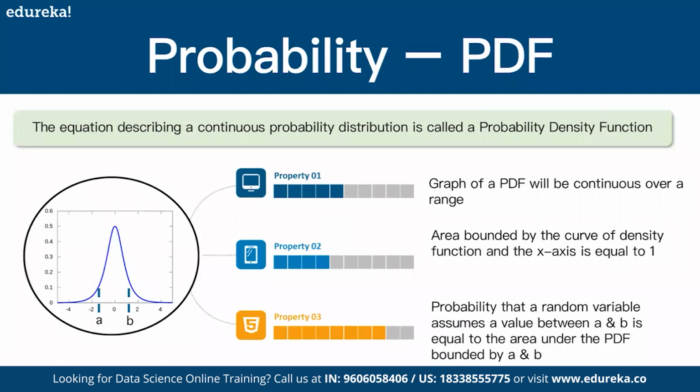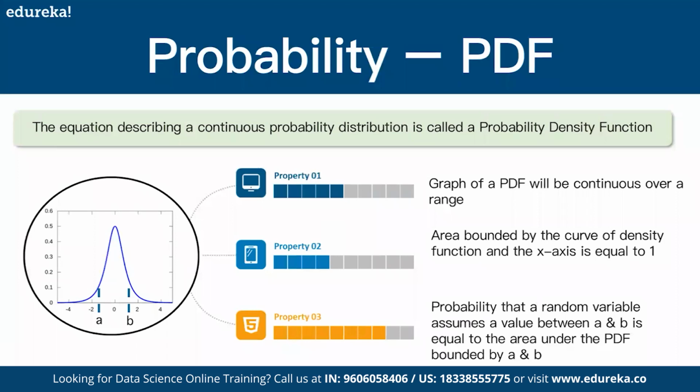So what are the properties of this graph? The graph of a probability distribution function will be continuous over a range. So let's say a range of -4 to 4. We are performing all the experiments and we get a continuous distribution. The area bounded by the curve of a density function and the x-axis is equal to 1. So if you find the area of this curve with the x-axis, you'll find the area as 1.